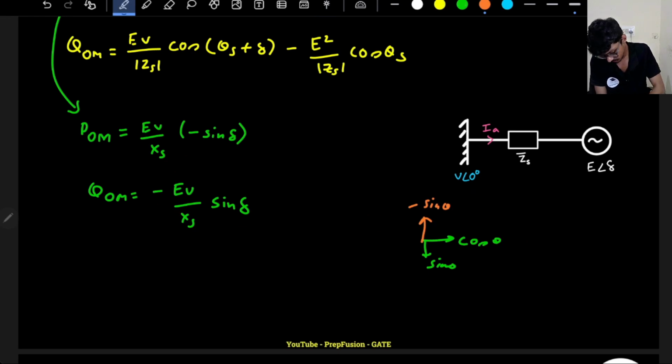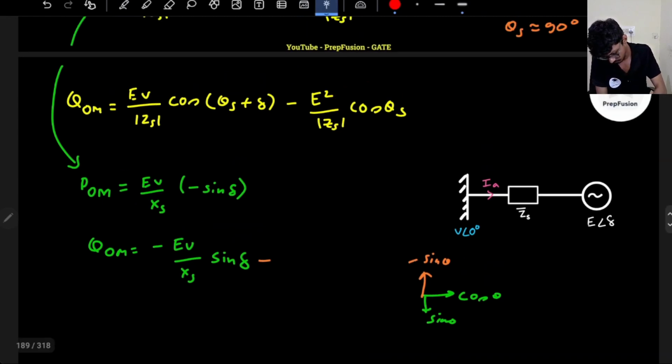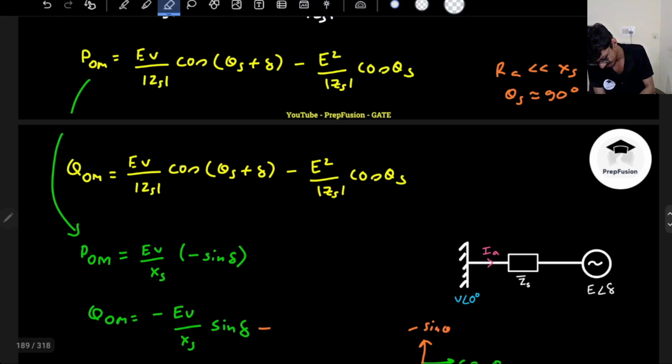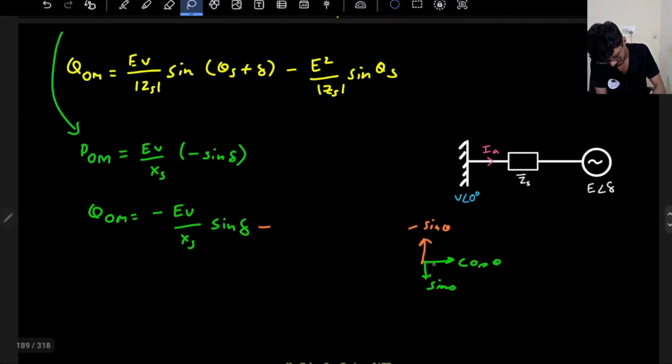Now, this will be minus, and as cos theta is 90, this will go to 0. Sorry, what am I doing? This is sine. Sine 90 plus theta will be plus cos theta only.